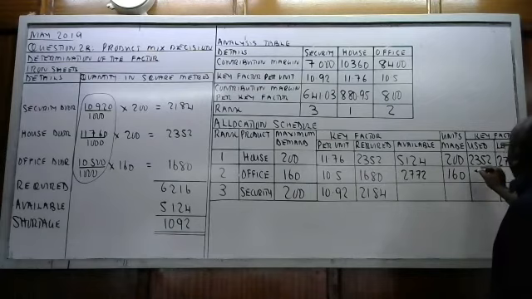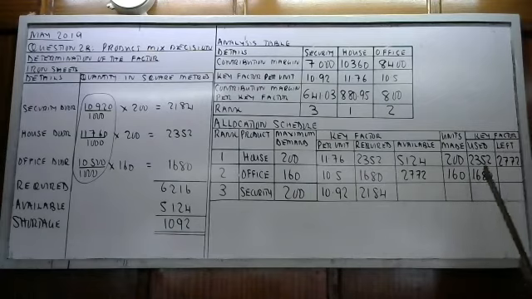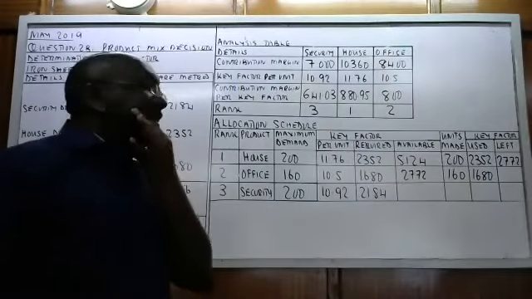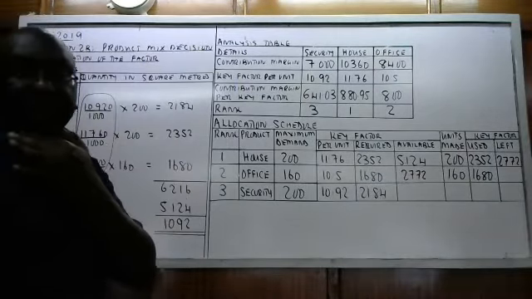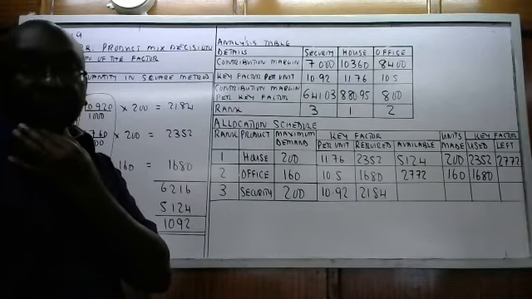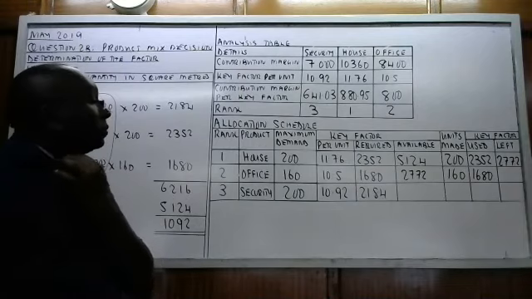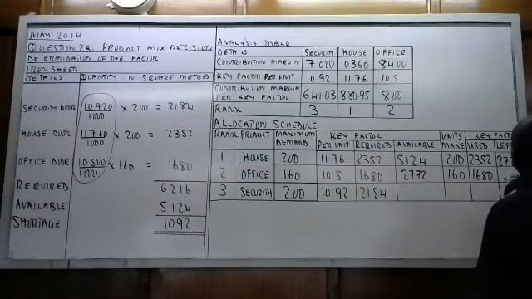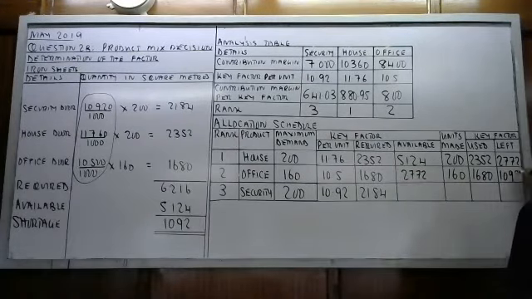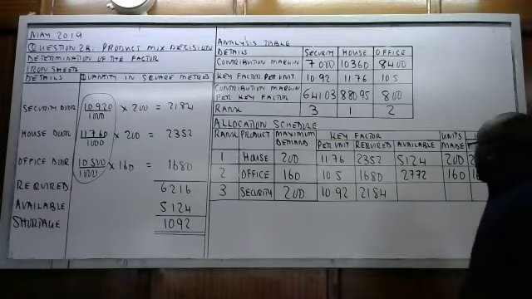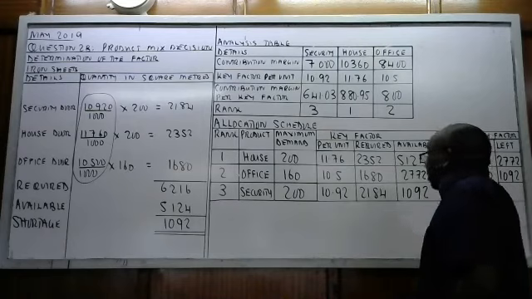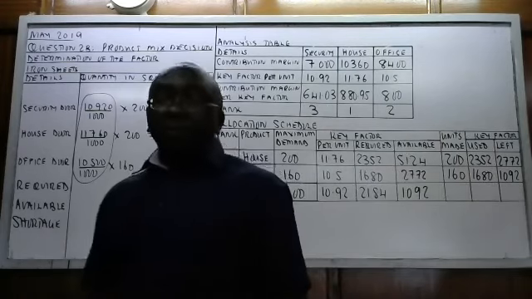Ndio tukue tumetumia 1680. So tukishatumia hii na tukua na hii, how many meters remain? Yeah, 1092. So the 1092 becomes available for number 3.